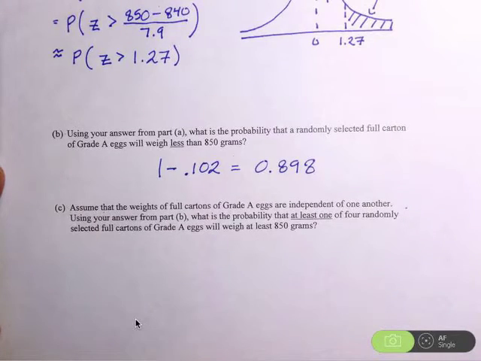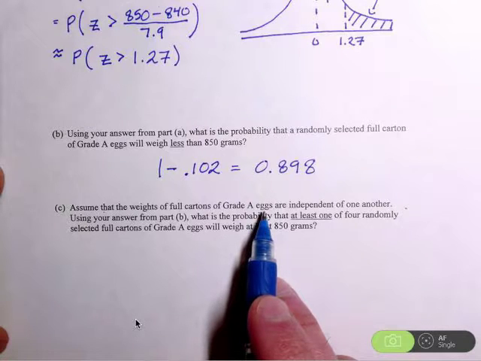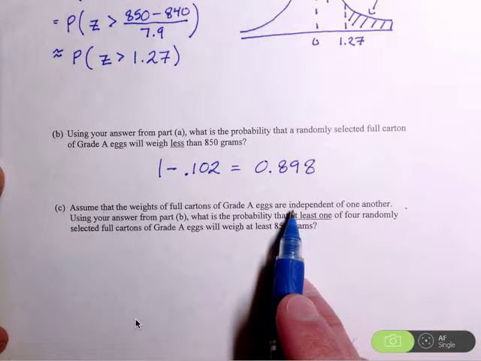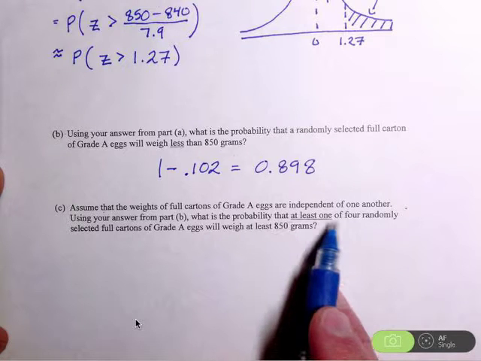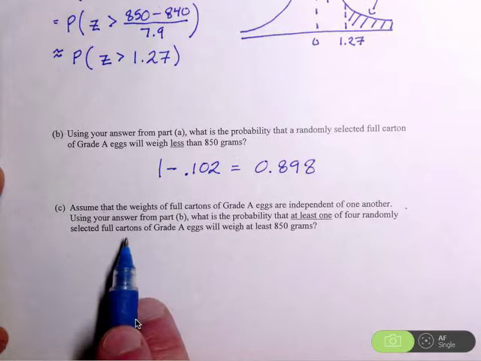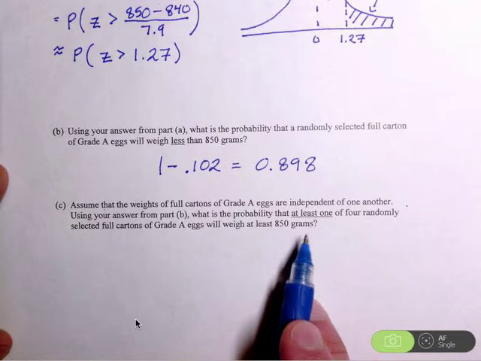Last, assuming that the weights of full cartons are independent of one another, we're going to use this answer right here to find the probability that at least one of 4 randomly selected full cartons will weigh at least 850 grams.